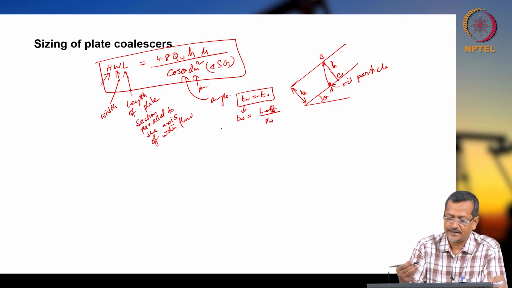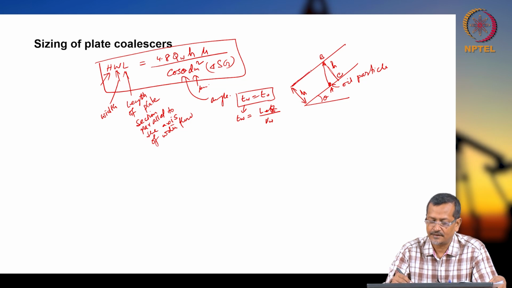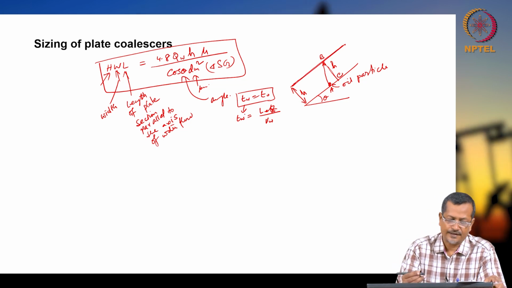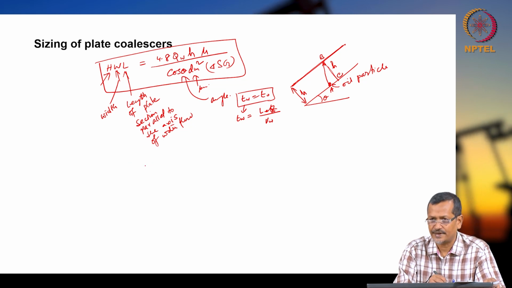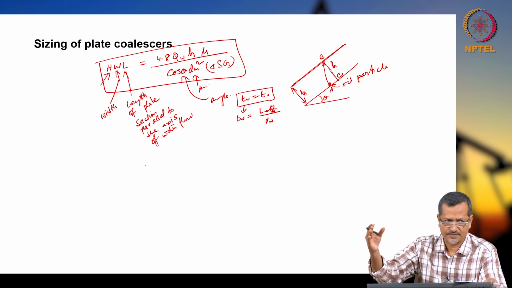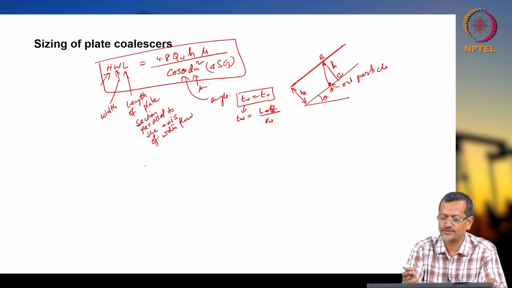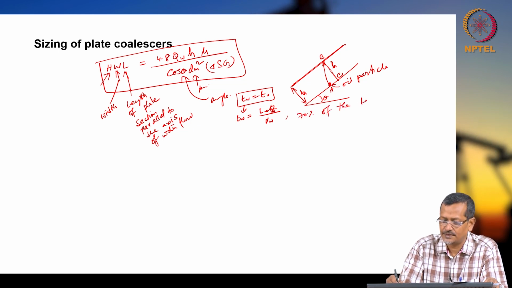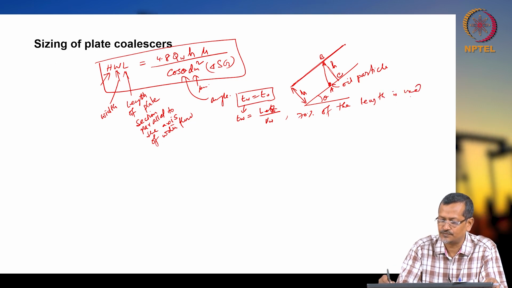For the effective length in a plate interceptor, we are using 70% of the actual length, because of entry and exit. Some portion will not actually be used. So they assume 70% of the length is used.